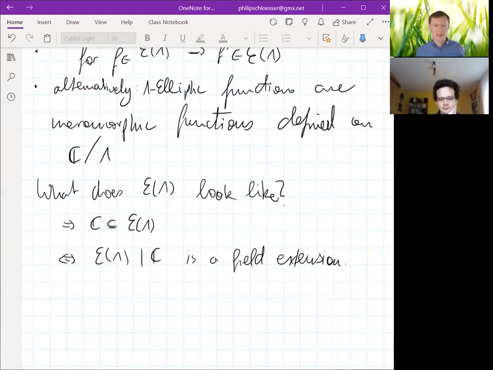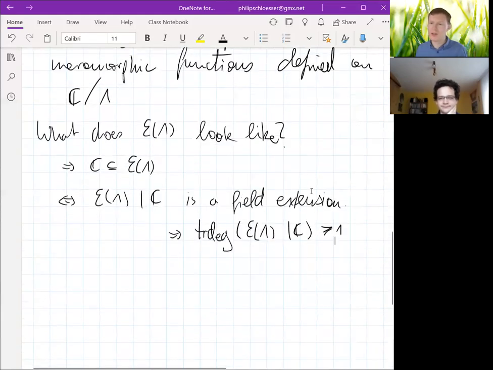And also note that C is algebraically closed, so this field extension cannot be algebraic. It has to be transcendent, hence the transcendence degree of E lambda over C has to be at least 1. The question is, is it 1 or is it bigger than 1?